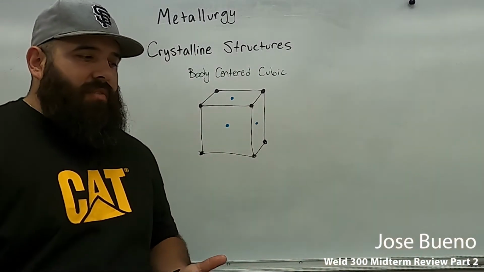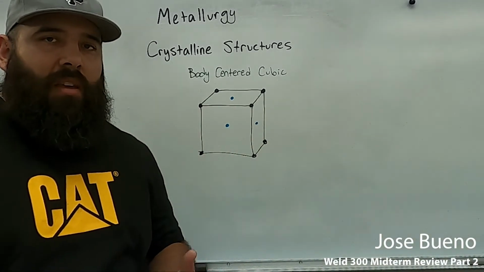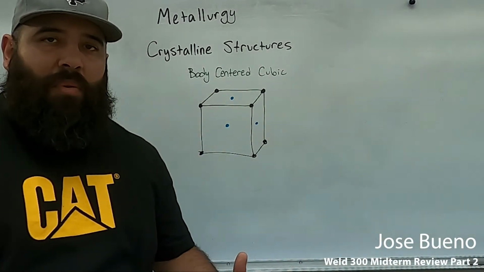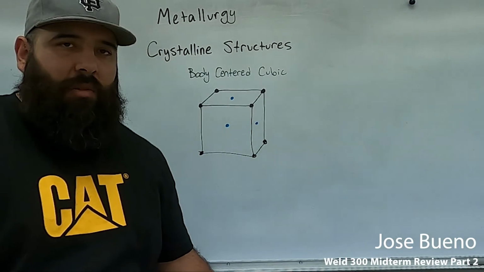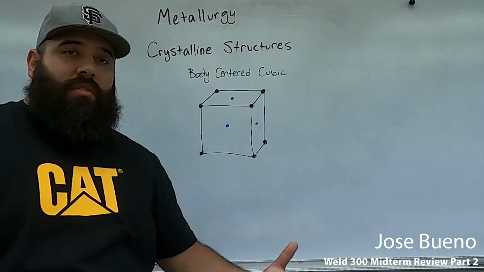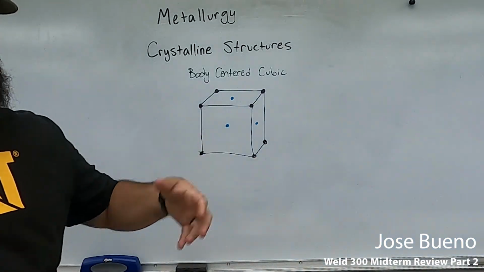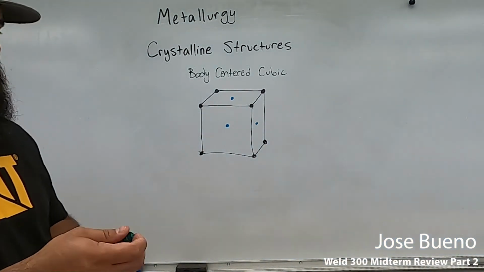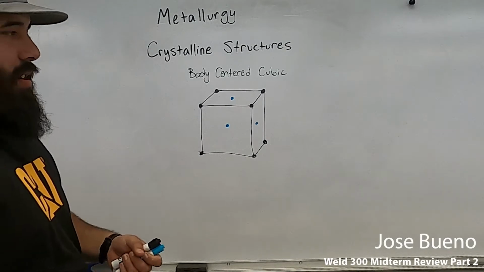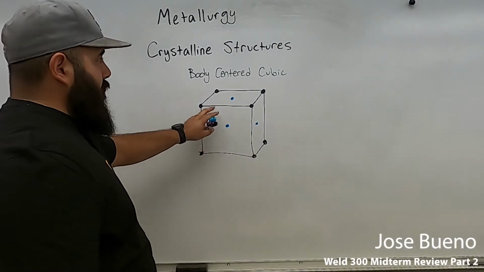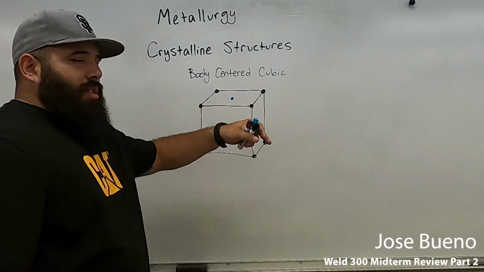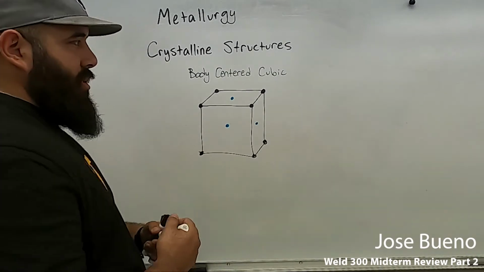Things do eventually catch fire and burn, but just before that point, they expand a little bit. Steel is no different. As we heat steel up, it's going to expand. This is where we see a transformation of these grain structures go from body-centered cubic to what's called face-centered cubic.